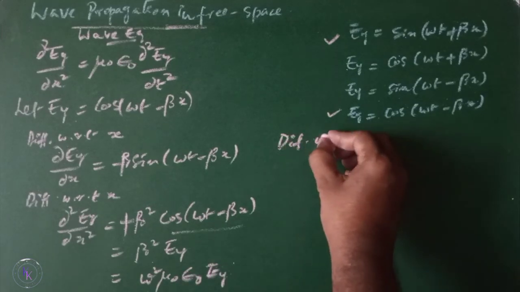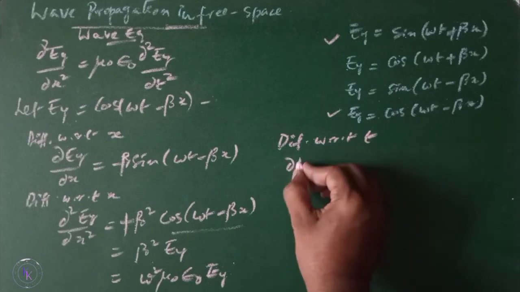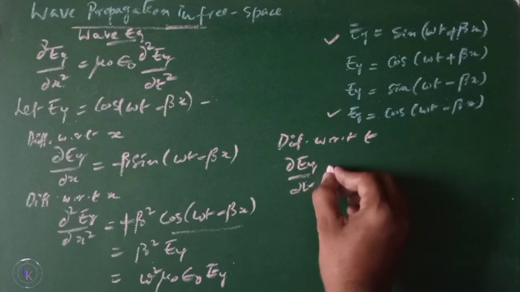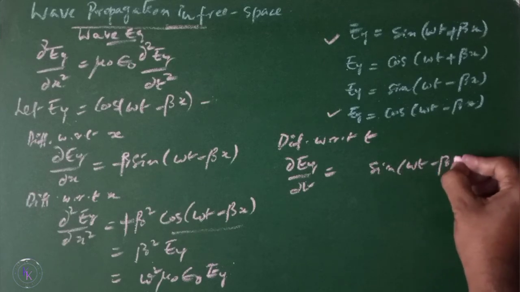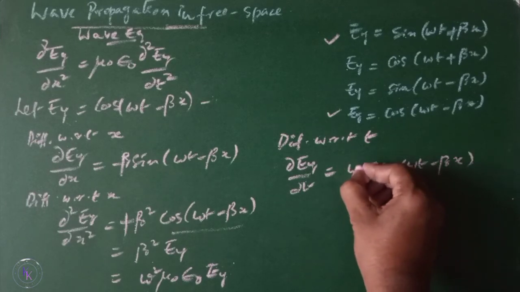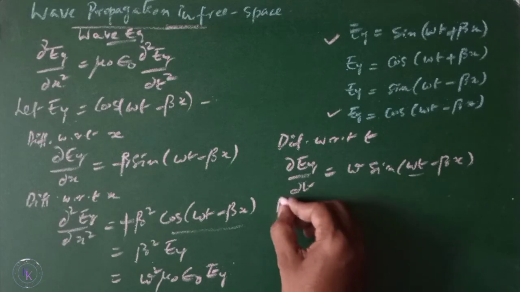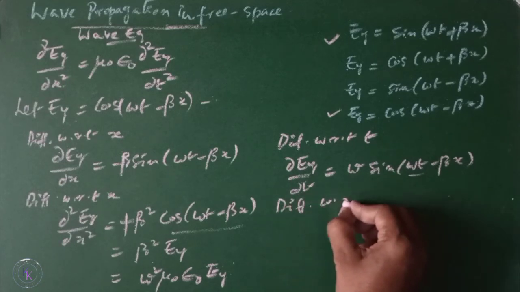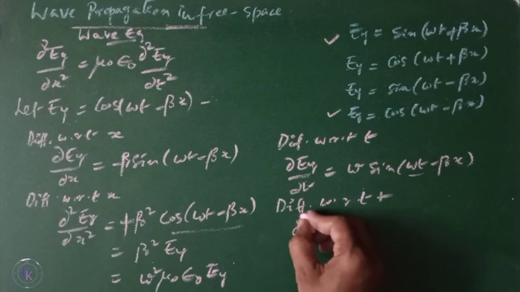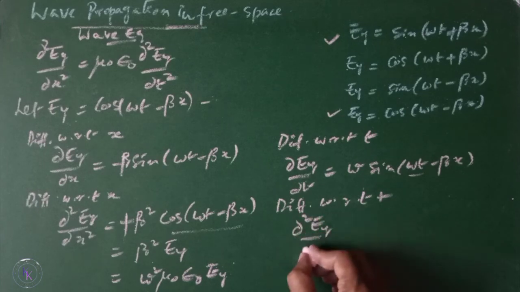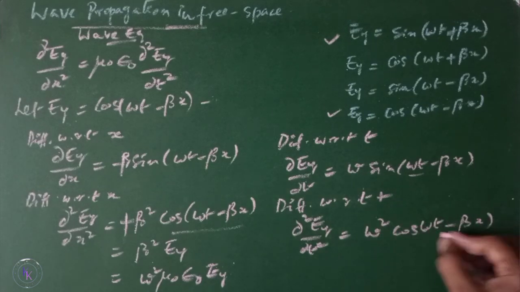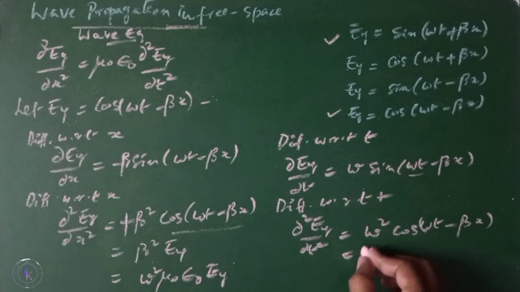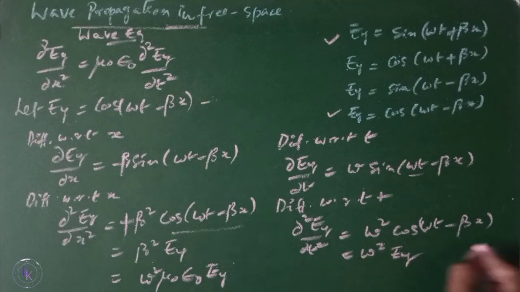Differentiating with respect to t, dou Ey by dou t equals sin of omega t minus beta x, and with respect to t, we get omega. Now again differentiating with respect to t, dou square Ey by dou t square equals omega square cos of omega t minus beta x. The cos of omega t minus beta x is nothing but Ey.